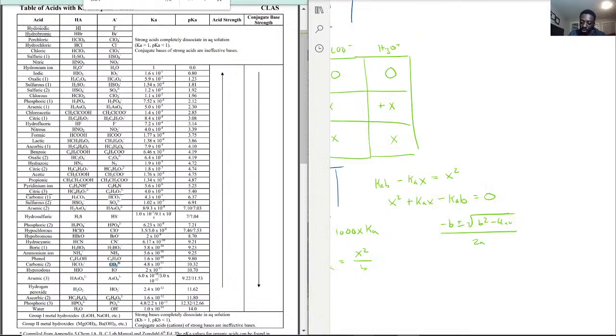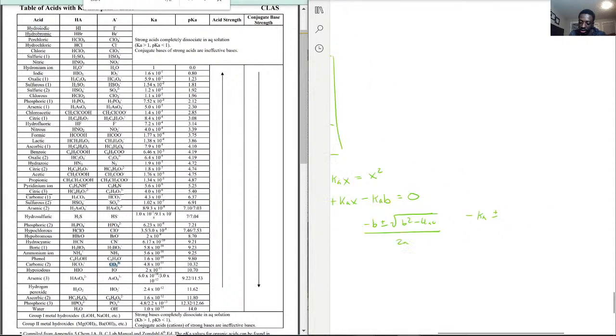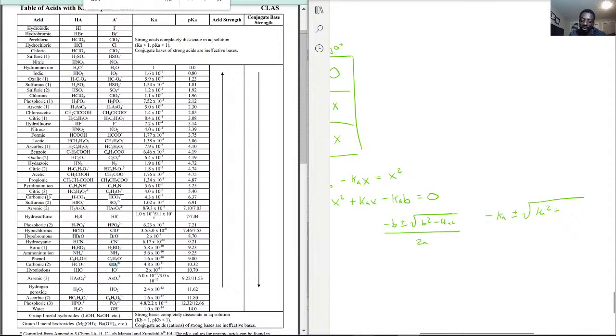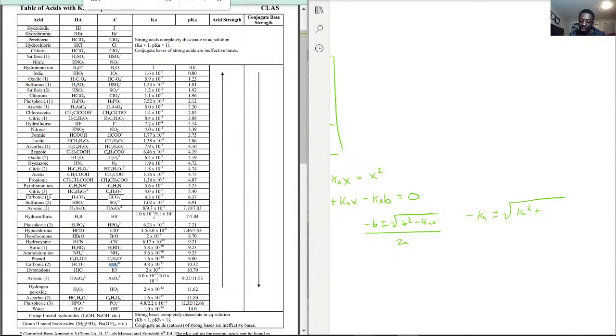In this case it would be negative Ka plus or minus the square root of Ka squared plus, because you already have the KaB as negative, 4 times Ka times B, over just 2, because A was equal to 2.